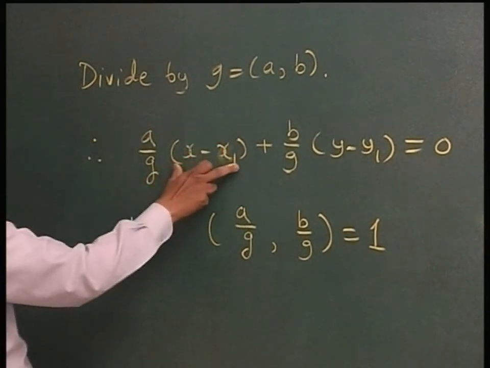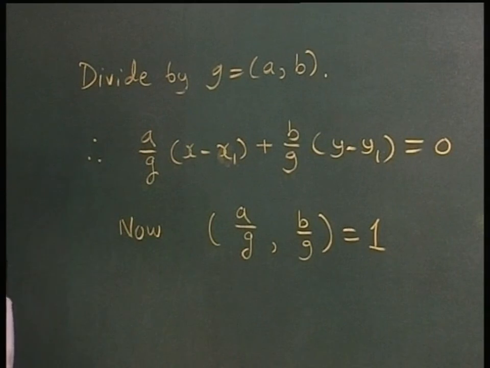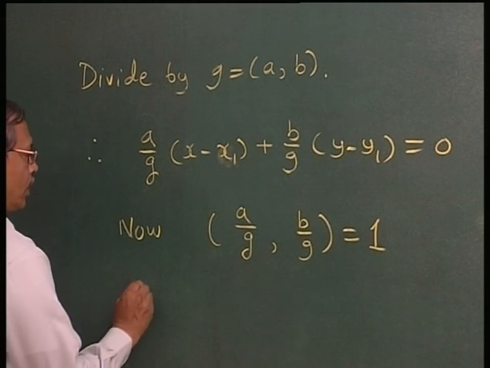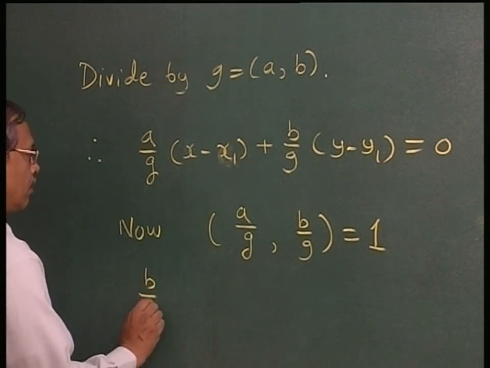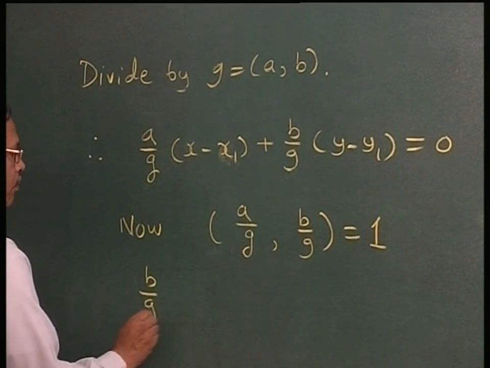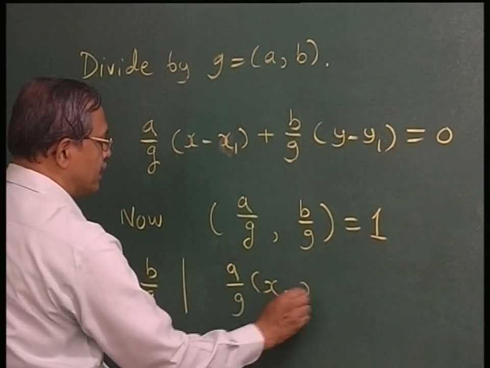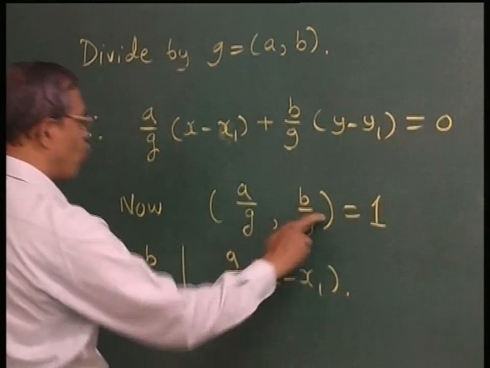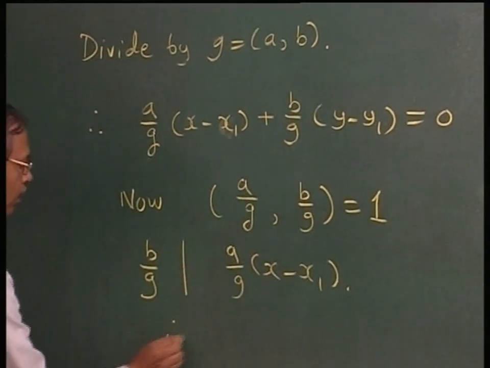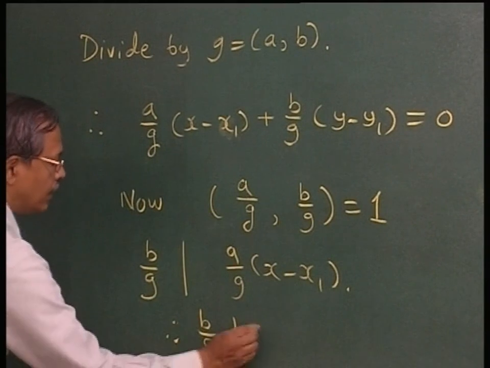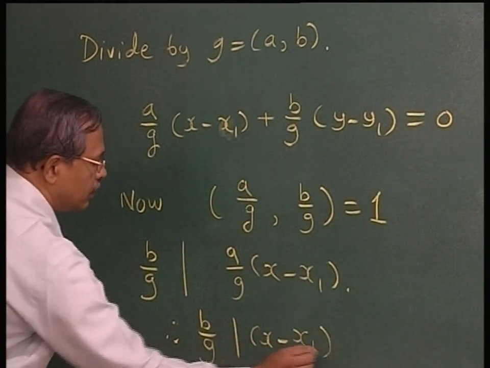So, x minus x1 is a multiple of B by G. It is k times B by G for some integer k. B by G divides A by G times (x minus x1), and it is coprime to A by G. Therefore, B by G divides x minus x1.